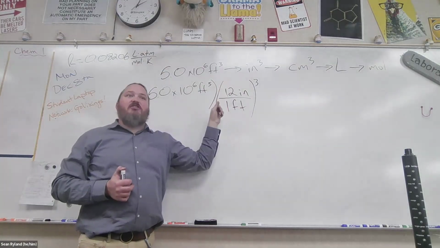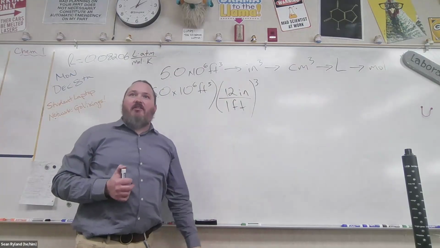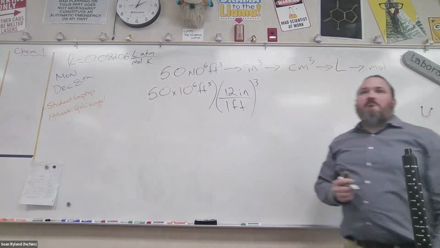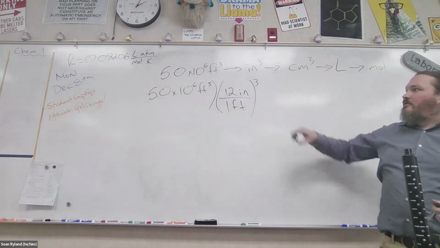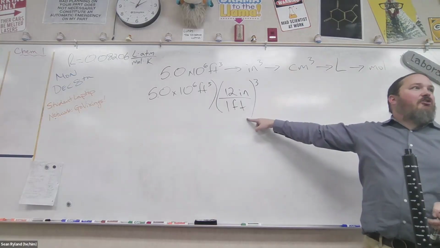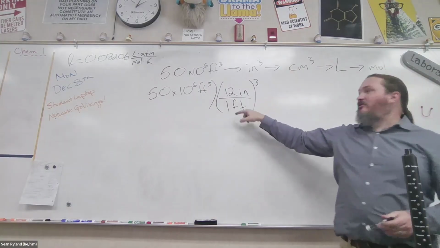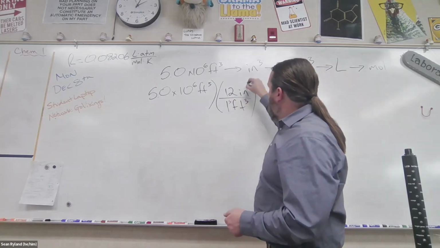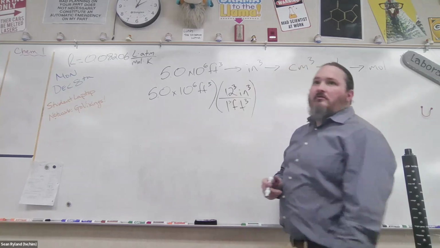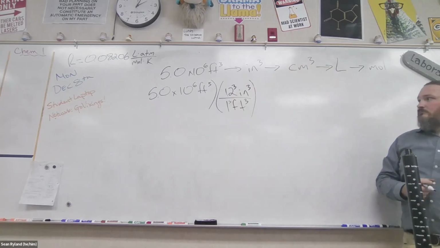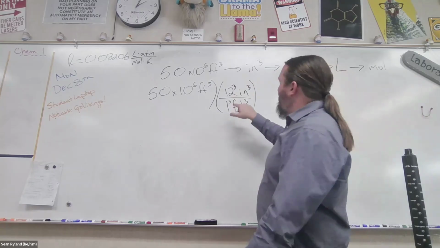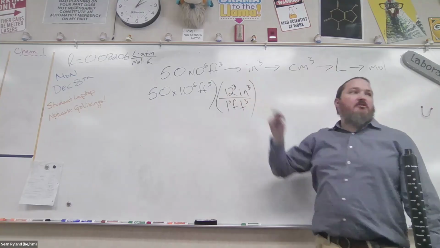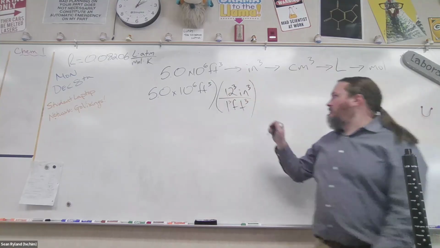But I do know 12 inches in a foot, and I can cube that on my calculator. What happens when we cube this entire conversion factor? Everything gets cubed on the inside. So you can't just say 1 cubic foot is 12 cubic inches. It's 1 cubic foot is 12 cubed cubic inches.